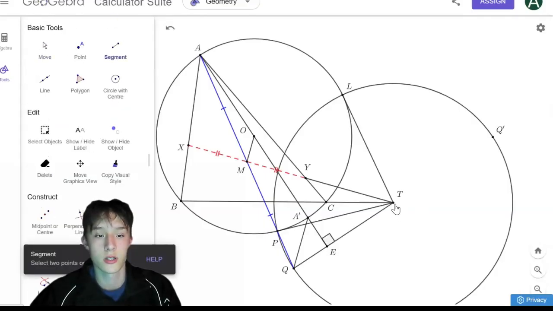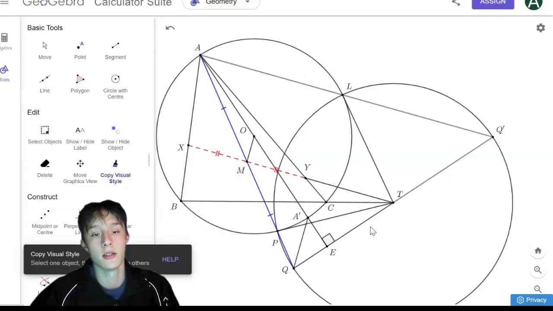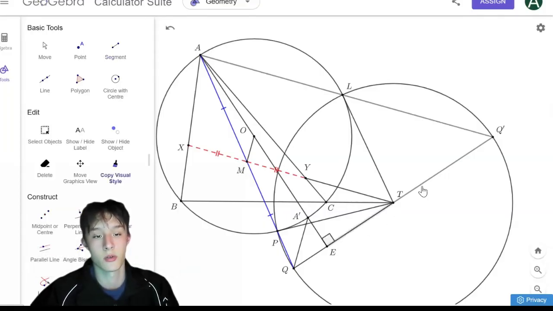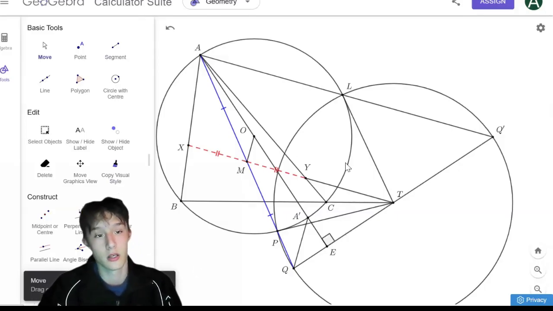So when we reflect Q over T and get Q prime, then AQ prime is obviously parallel to MT, and we just want to show A prime Q is perpendicular to AQ prime. This is so much better than TM.